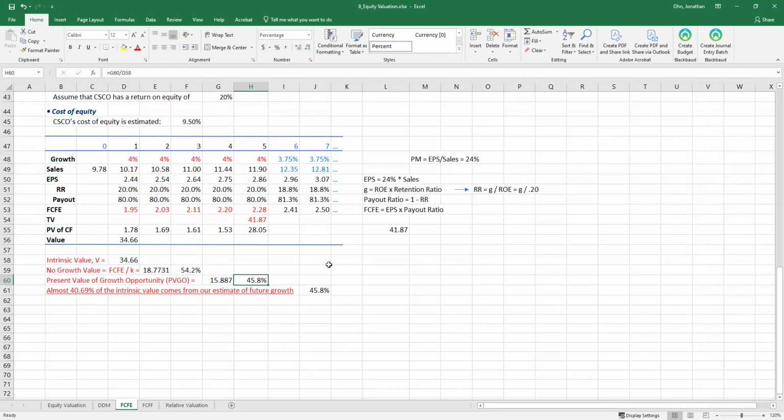So this one is like 45.8% comes from the future growth opportunity, right? It is not unusually high, but still about half of the intrinsic value comes from the future uncertain growth opportunity.